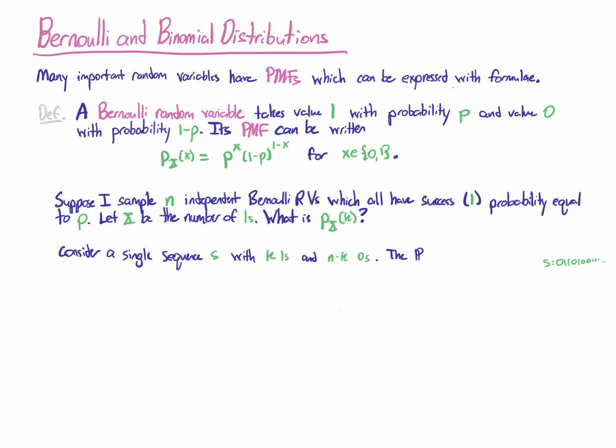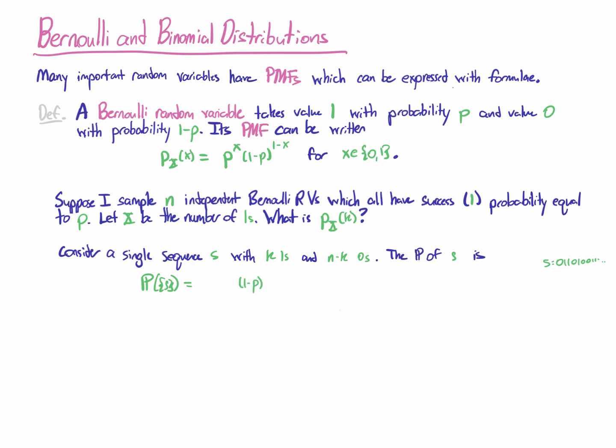Let's see if we can figure out the probability of getting this exact sequence S. In the first element here, I got a 0, so that happened with probability 1 minus p.